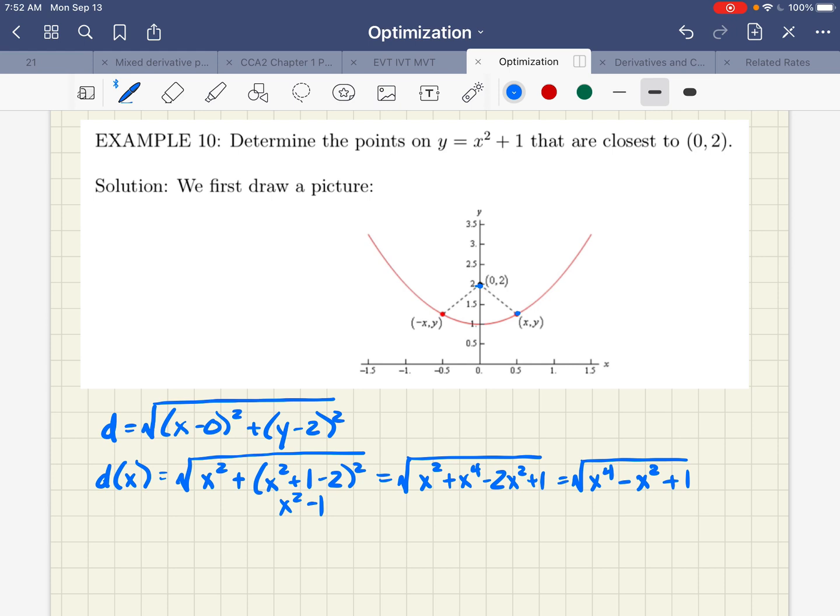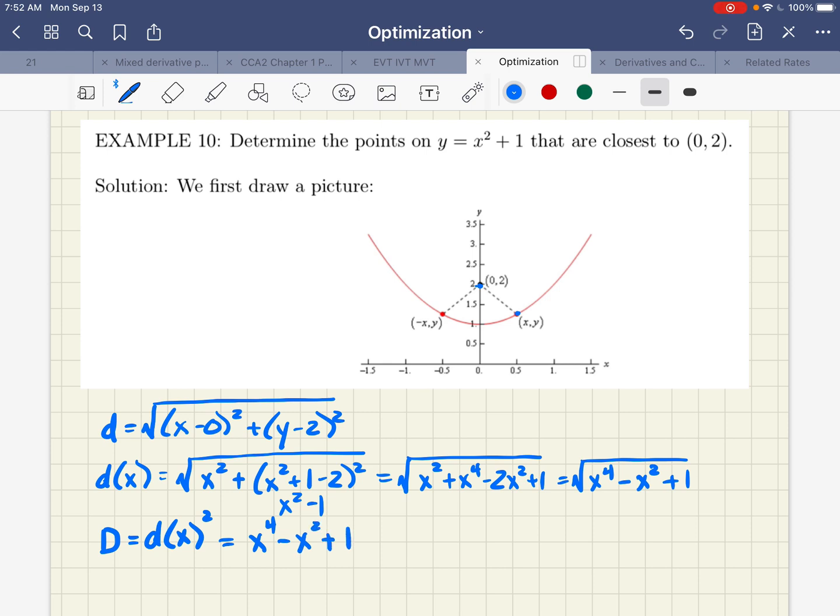Now this is going to have a nasty derivative because we'd have to use the chain rule. So one kind of trick you can use when you're optimizing is if I minimize the square of the distance, I'm also minimizing the actual distance. So I can set up another letter, maybe capital D, to just be the d of x squared. And I can minimize that, and actually, the algebra is much easier.